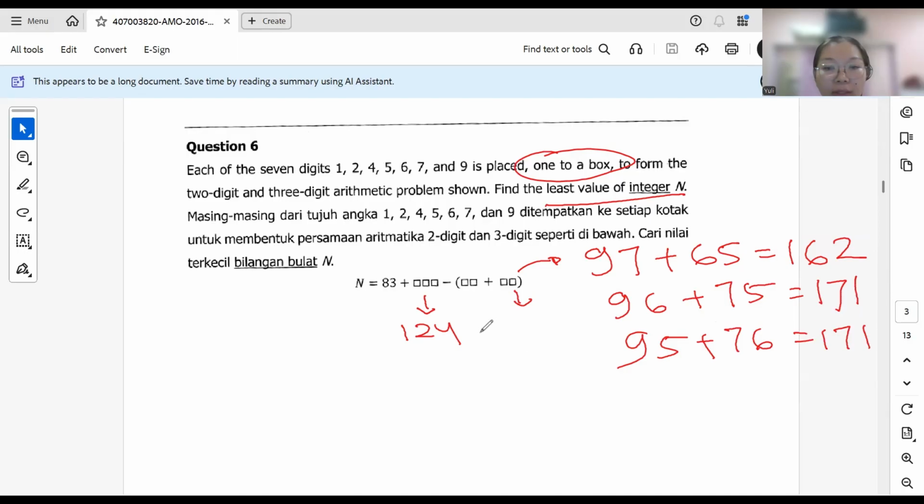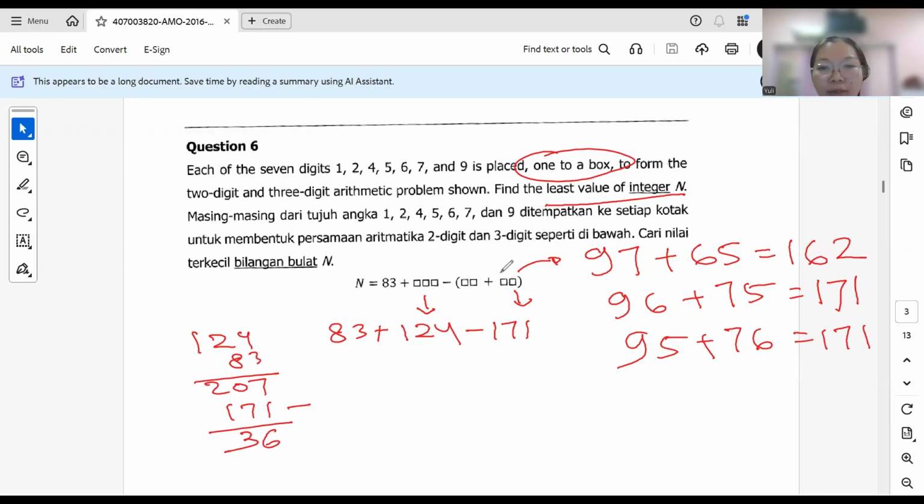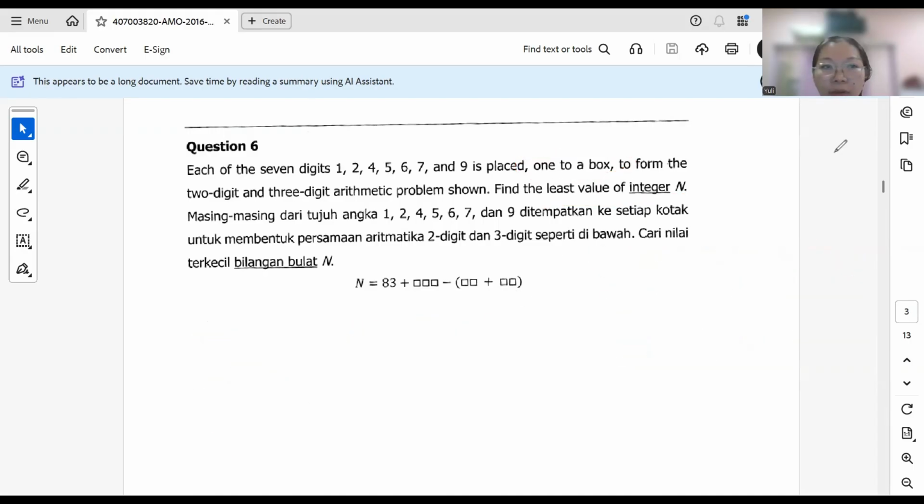Okay, so the biggest is 171. 83 plus 124 and minus 171. You count this. So the answer is 36. Go to the next one, number 7.